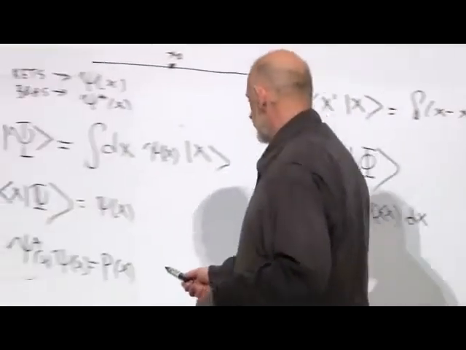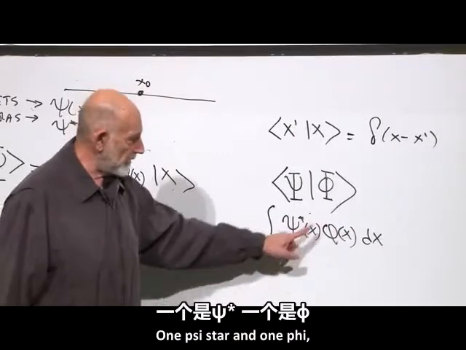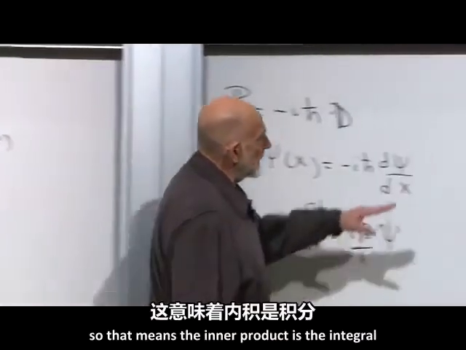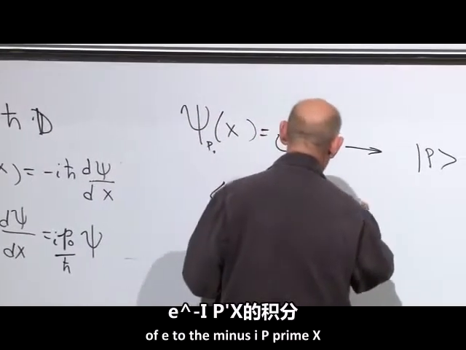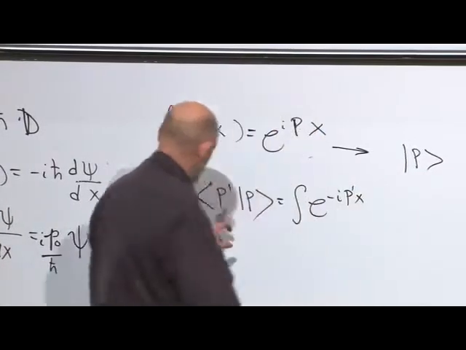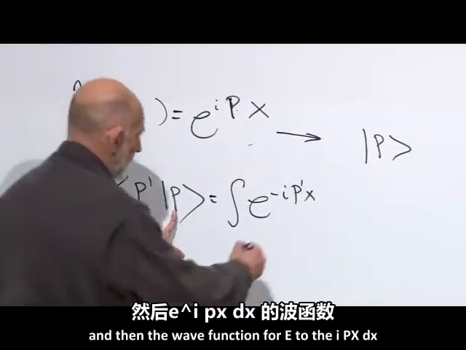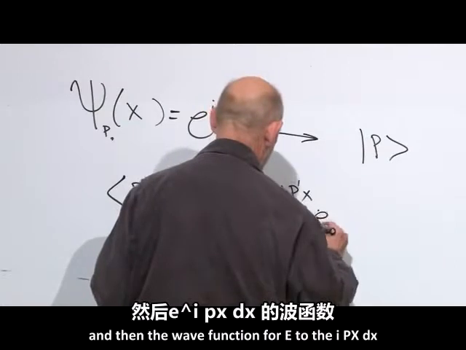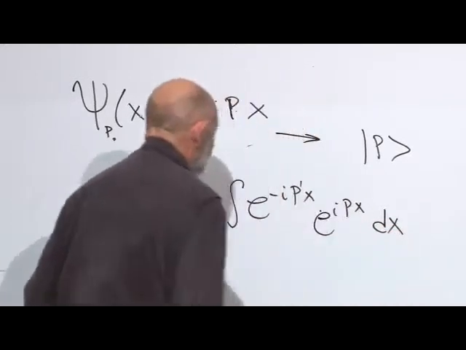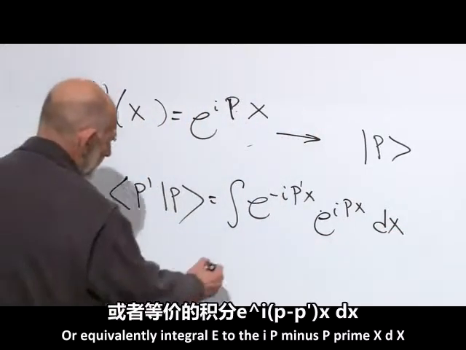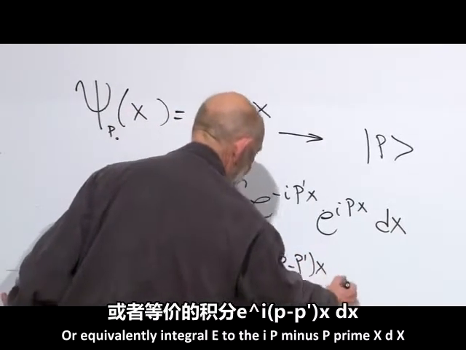Here it is, one psi star and one phi. So that means the inner product is the integral of e to the minus i p prime x, that's the wave function of p prime, or the complex conjugate of it, and then the wave function for p, e to the i p x, dx. Or equivalently, the integral of e to the i (p minus p prime) x dx.